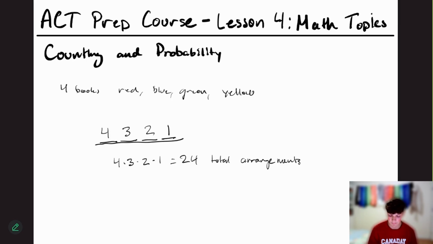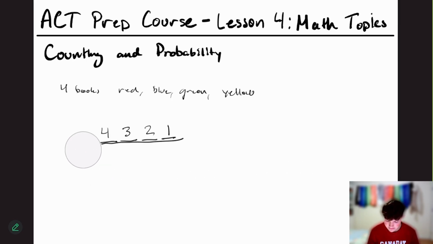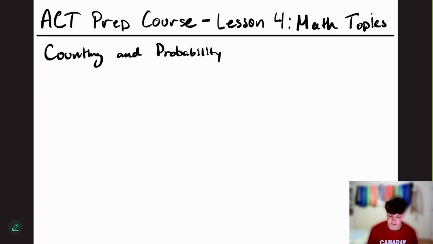Okay. Now let's talk about a little bit of a simpler example or another example that shows up a lot. Let's say there are 10 students in a class, and the teacher is going to select 2 students. Well, actually, let's do this.